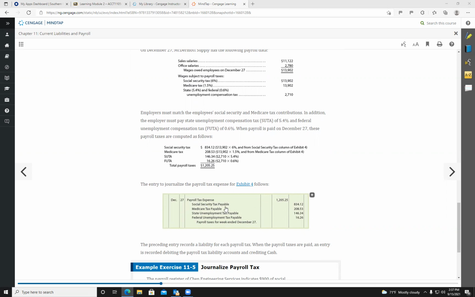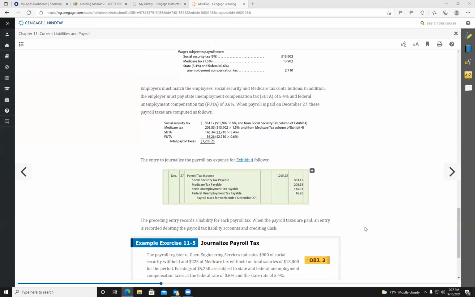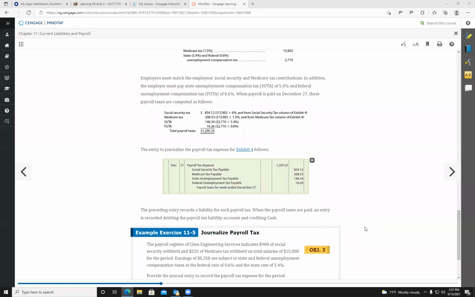And then we also again set up the payables for the payroll, showing the employer's portion of Social Security, the employer's portion of Medicare, and then the employer's portion of the state and federal unemployment tax. The preceding entry records a liability for each payroll tax. When the payroll taxes are paid, an entry is recorded debiting all of these liabilities and crediting cash.